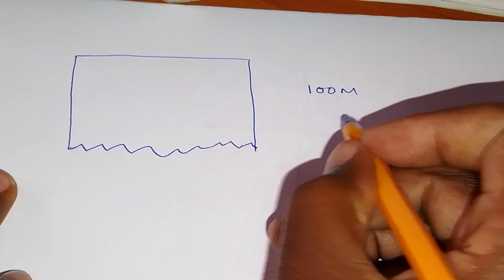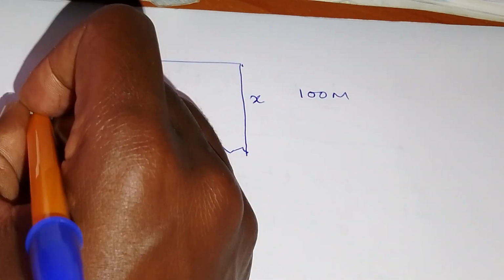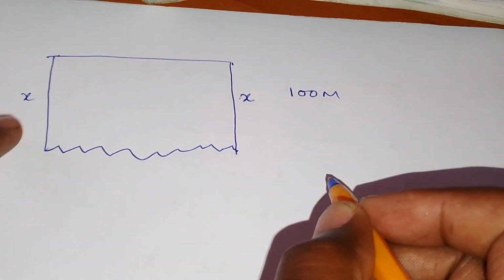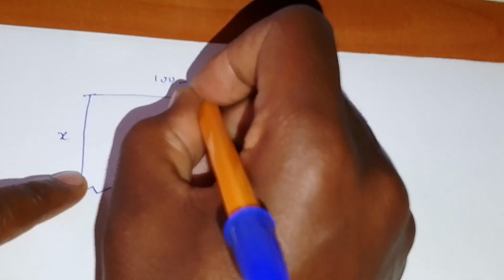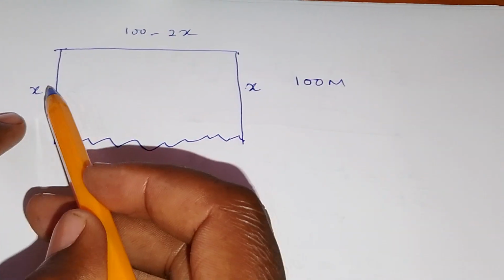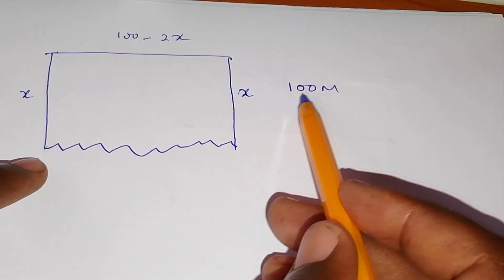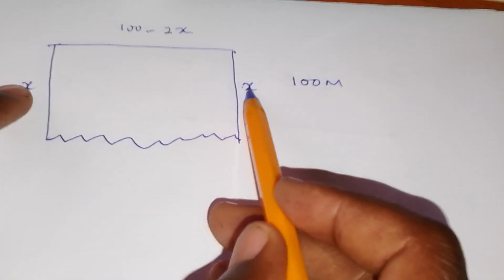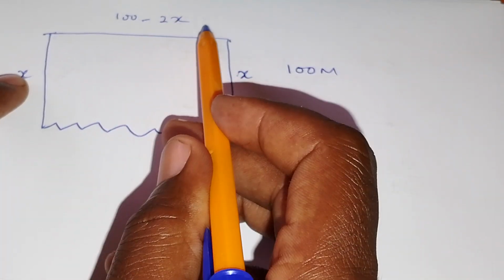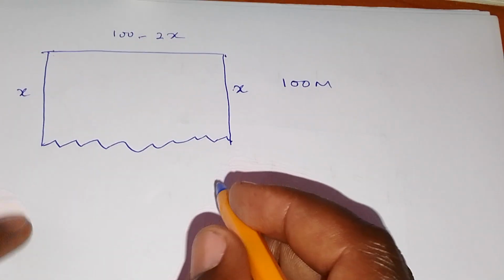So if I assume that this side takes x meters, also because this is a rectangle and these two sides are equal, it will take x meters. So this side will take 100 minus the sum of these two, that is 100 minus 2x. That makes the sum of these measurements amount to 100, because x plus x plus 100 minus 2x is 100, which is the total length of the wire.